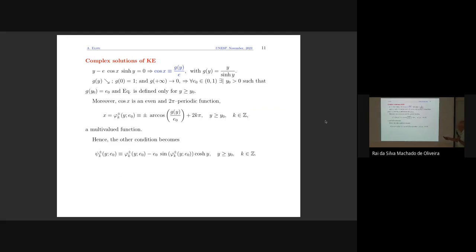So that means that, no, we start at 1 when x is equal to 0. The function takes the value 1, and at infinity goes to 0, and is decreasing continuously.